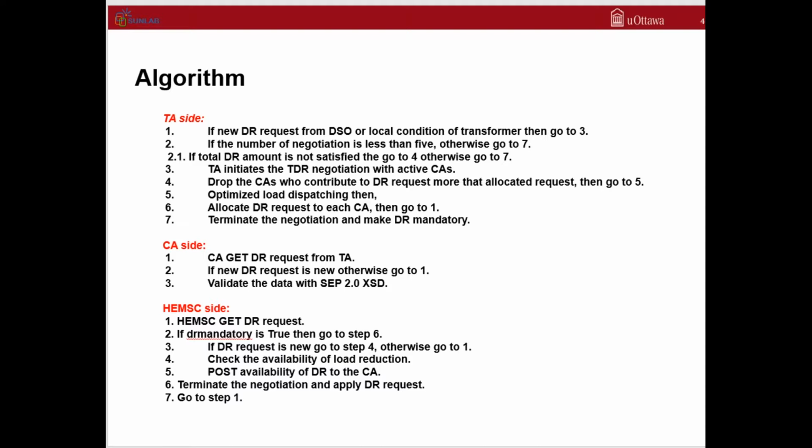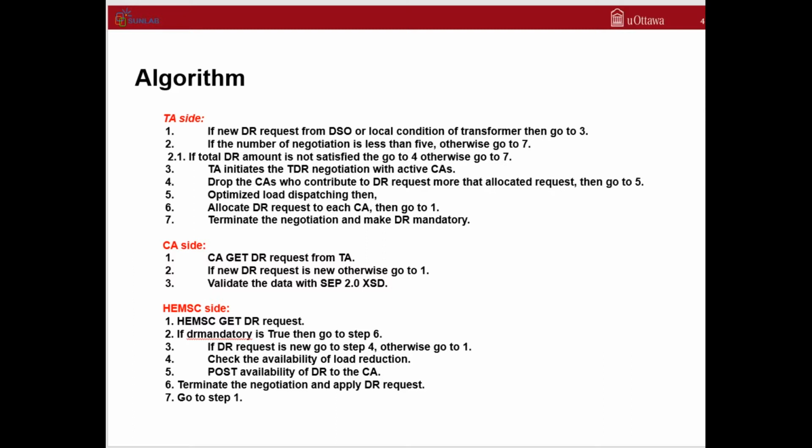And after allocating the DR request, it's waiting for the response. So it goes to step 1 and waits for new demand, if there is no DR request from DSO or no new transformer condition.